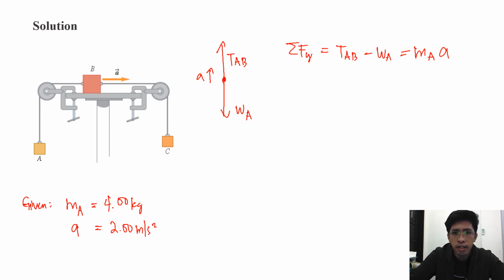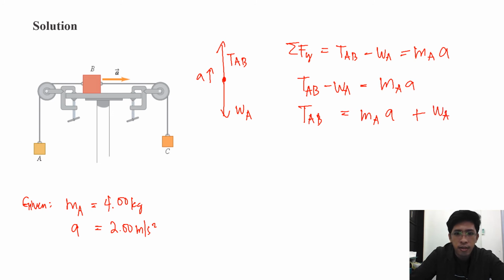And we can actually solve here T_AB, which is one of our targets. T_AB minus weight A is equal to your mass A times the acceleration. So T_AB is equal to mass A times acceleration plus your weight A, which is equal to mass A times g.